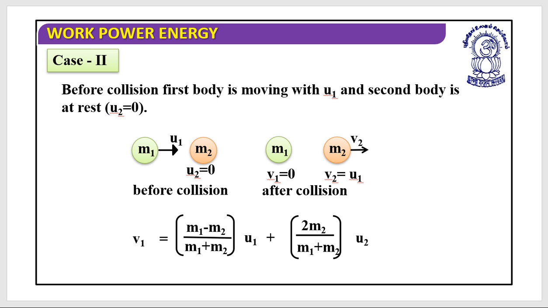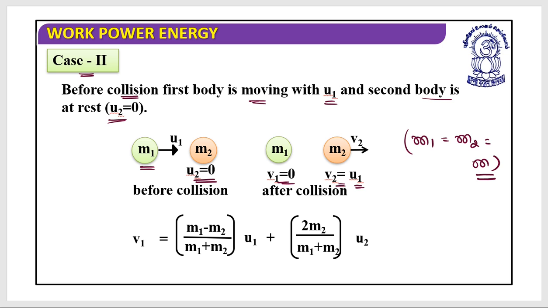Let's look at case 2. It says that before collision, the first body is moving with u1, and the second body is at rest. Then after the collision, v1 equals 0 and v2 is equal to u1. But for this, m1 should be equal to m2, which should be equal to m.